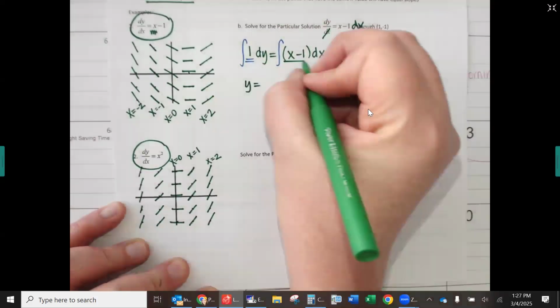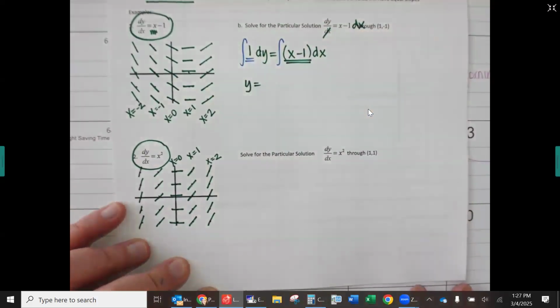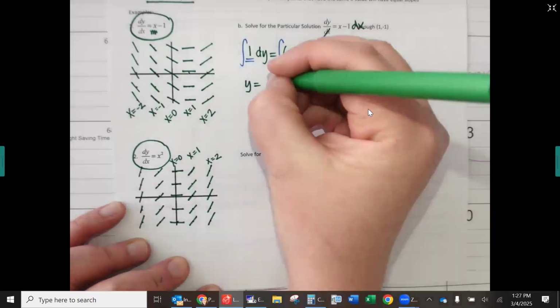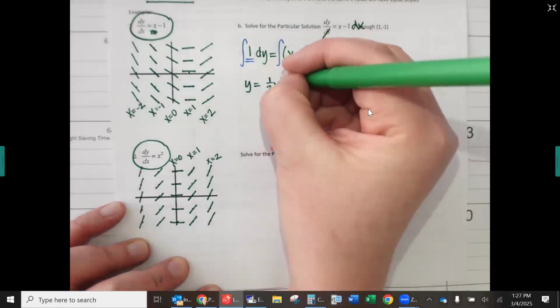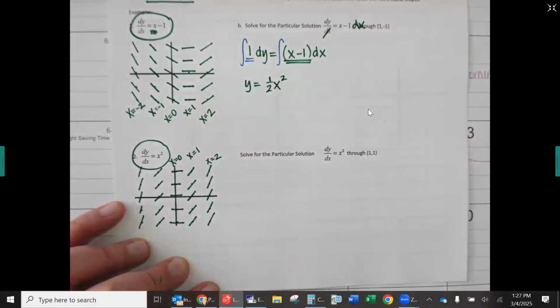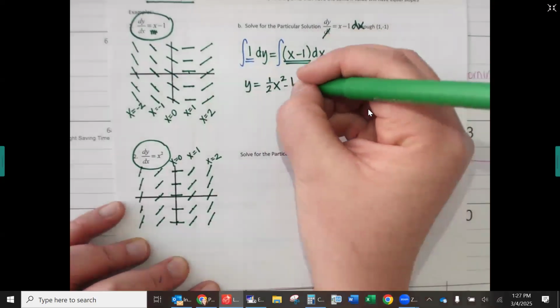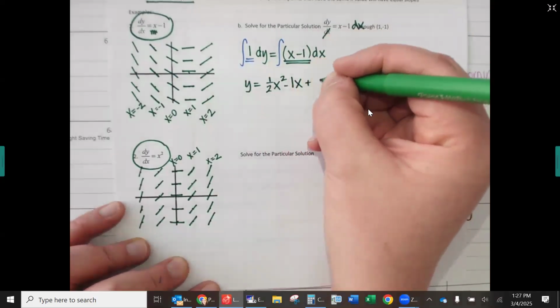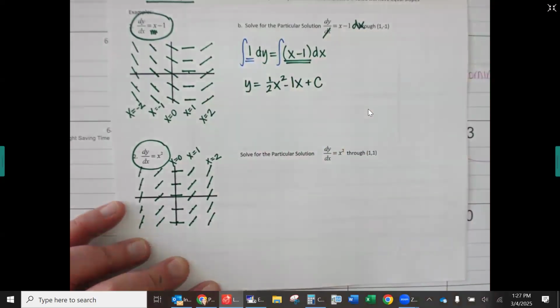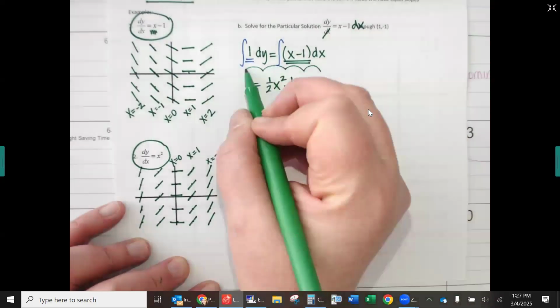And then on this side, what's the antiderivative of x minus 1? Let's go one term at a time. Let's do the x first. 1/2 x squared, because I bumped the power up and then divide. And then my minus 1 would go back to a minus 1 plus c. Okay, that's your general solution.